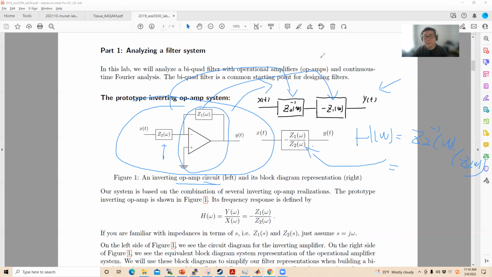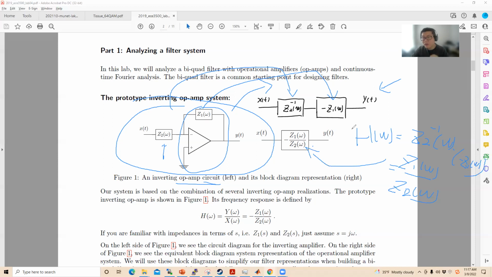According to this example, we can see Z1(ω) is a function of jω, and Z2(ω) is also a function of jω.